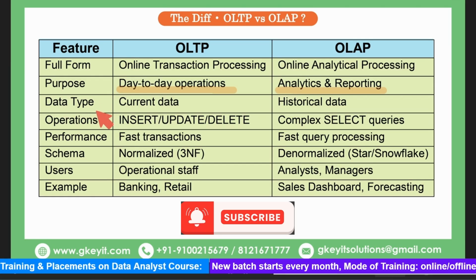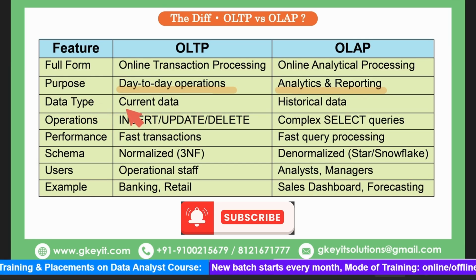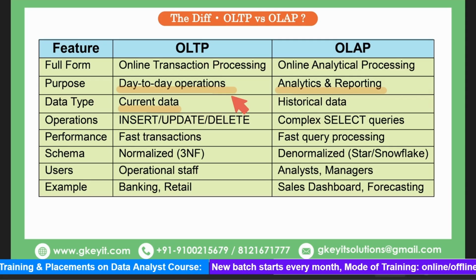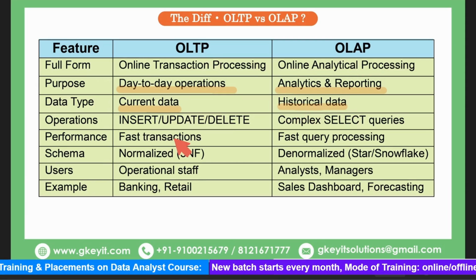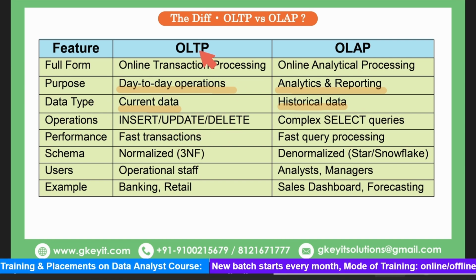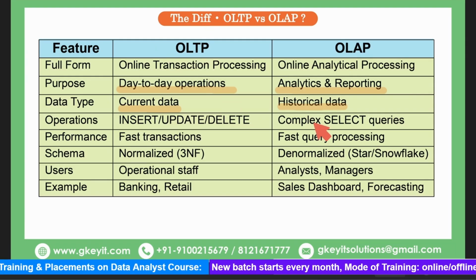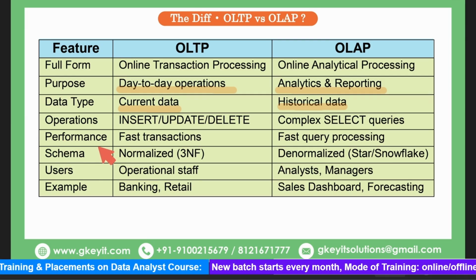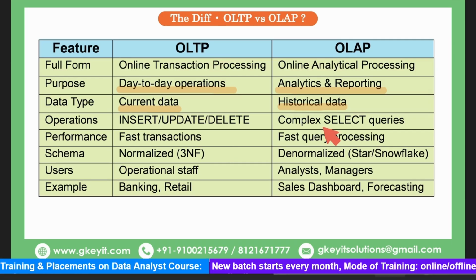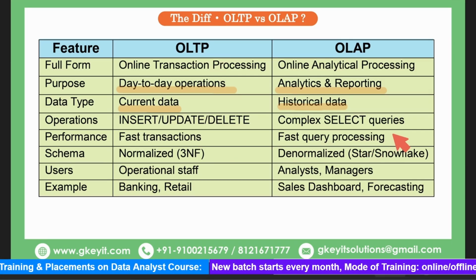As for data type, current data is stored in OLTP systems, whereas historical data is stored in OLAP systems. Operations like insert, update, delete happen in OLTP systems, whereas complex select queries happen in OLAP systems. And on performance, fast transactions happen in OLTP systems, and fast query processing happens in OLAP systems.